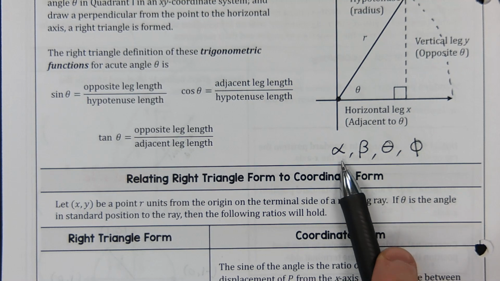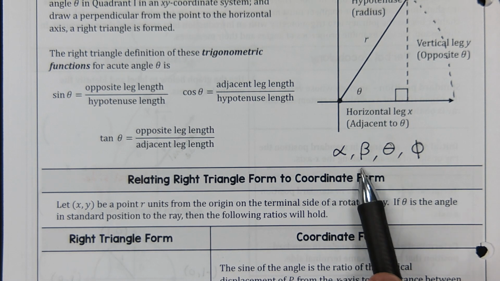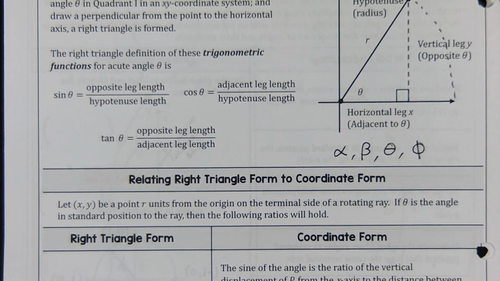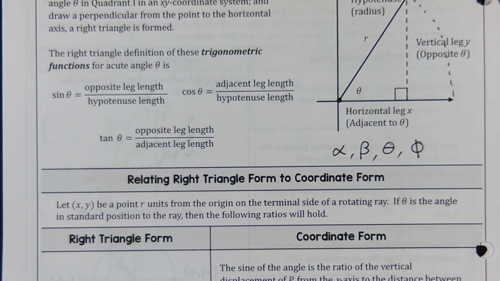That is an alpha, and that is a beta. Well, because the Greek alphabet doesn't go A, B, C, D. The Greek alphabet goes alpha, beta, gamma, delta. That's why. But anyway, alpha, beta, theta, phi. Phi or phi, depends on who you are. I like phi.